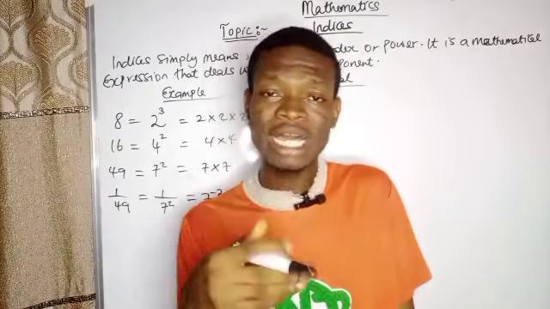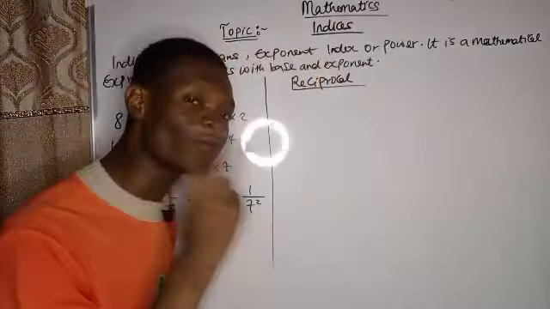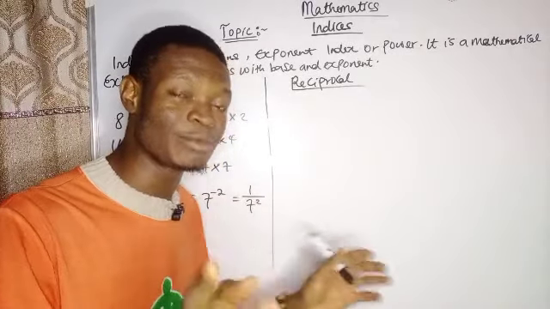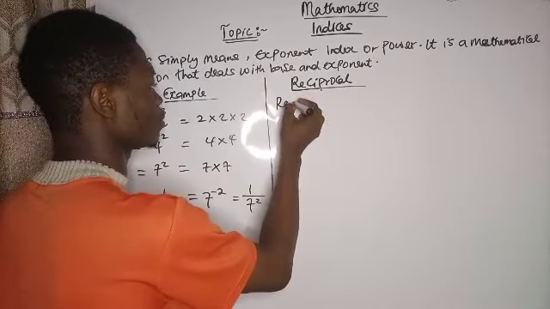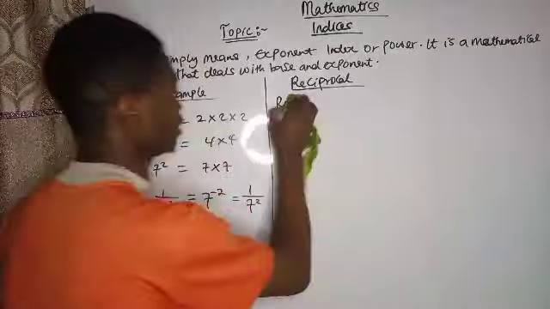So reciprocal simply means when the product of two numbers gives us one, the two numbers are reciprocals of themselves. Let me write it like this.